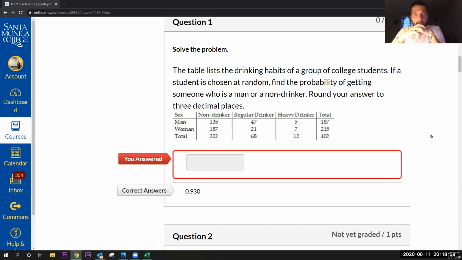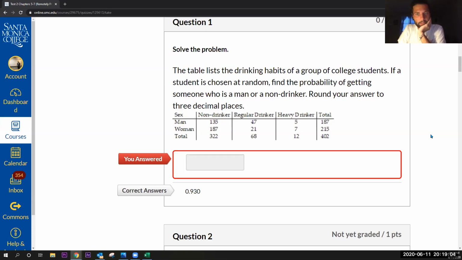Then would you divide 135 by the total, including that number? So it would be 402. So you're doing 135 divided by the sum of 135 and 402, right? Okay, that's not it.